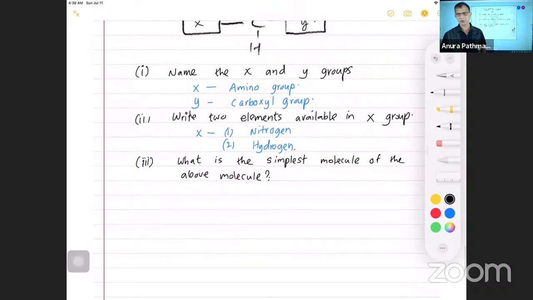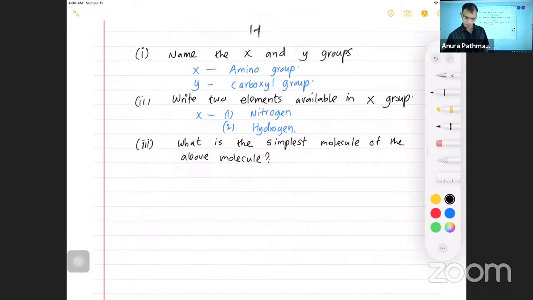What is the simplest form? Example. Write the structure of it.